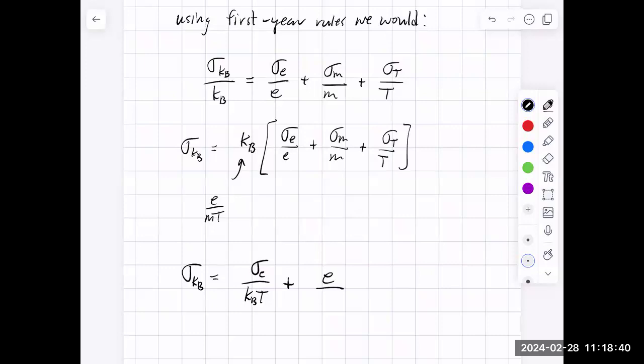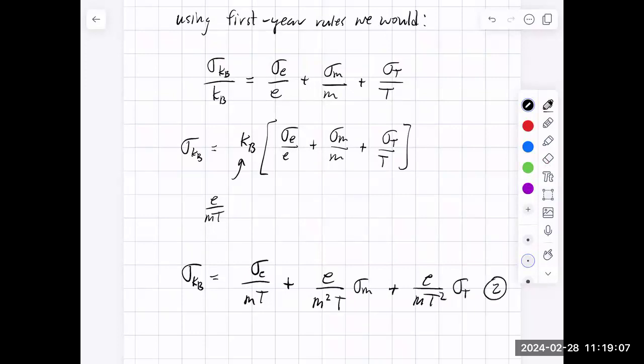Oh yeah, that's right. You are correct. Thank you. This should be an M, right? So this time we should get an M squared T, and then we would have the uncertainty in the slope. And then we should get a 1 over T times 1 over T. Good. So that should be E over M T squared sigma T.